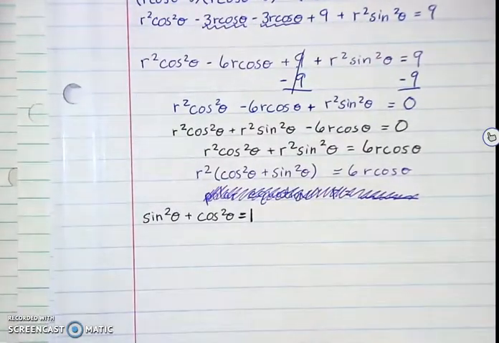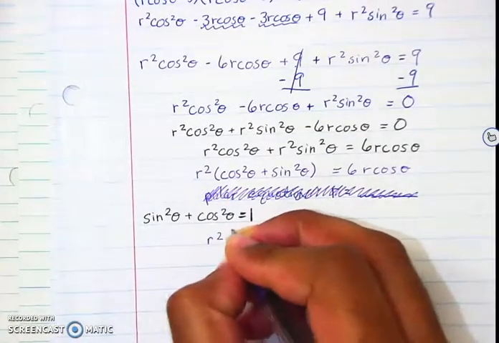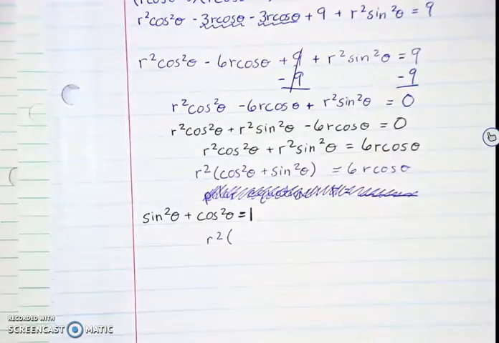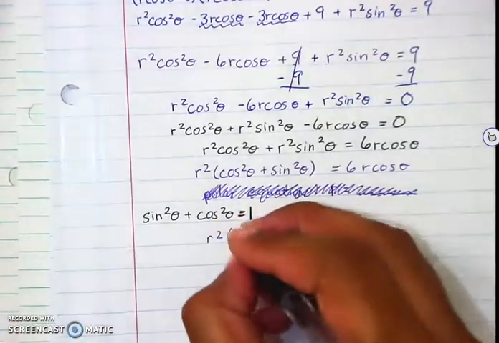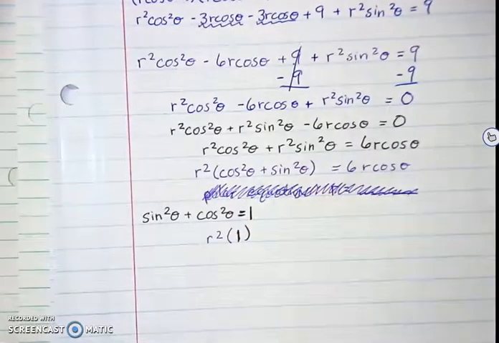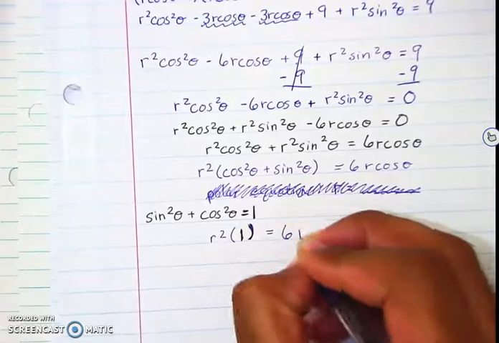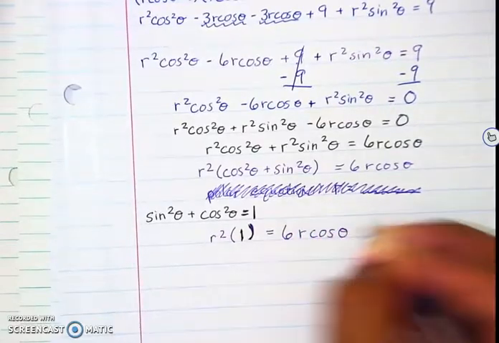So here, we're going to do r squared, and inside our parentheses, we're going to put the number 1, because that's what sine squared and cosine squared equal. And then that equals 6r cosine theta.